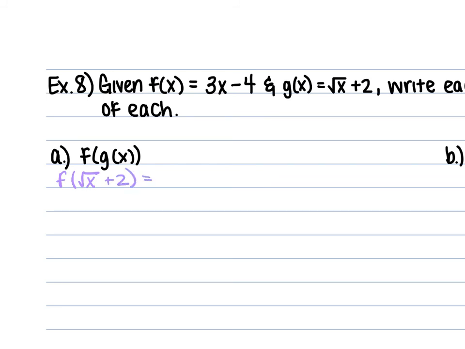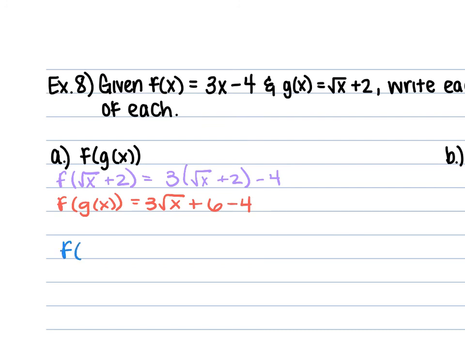So this is going to be 3 times the square root of x plus 2, minus 4. So f of g of x is equal to 3 square root x plus 6 minus 4. The 6 minus 4 is 2, so f of g of x is equal to 3 square root x plus 2.